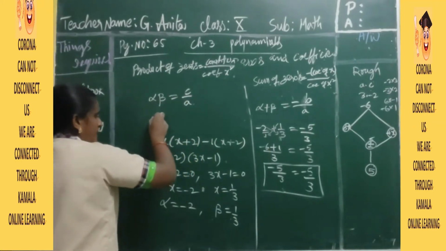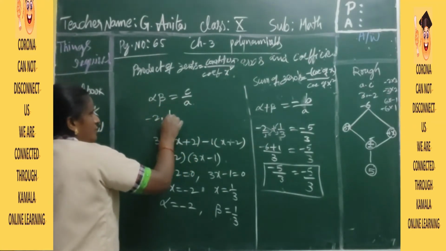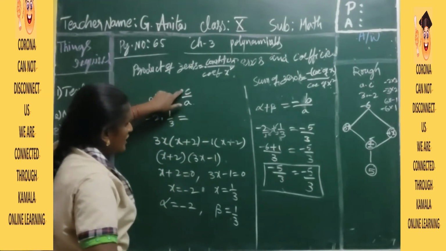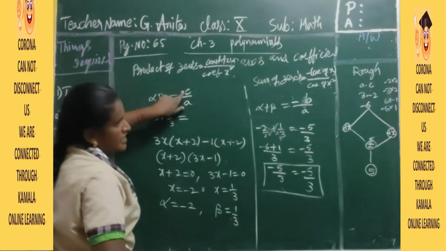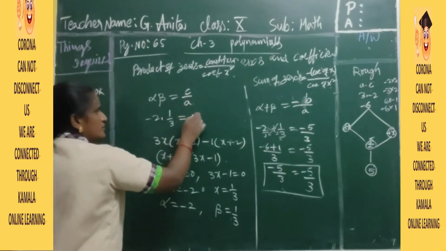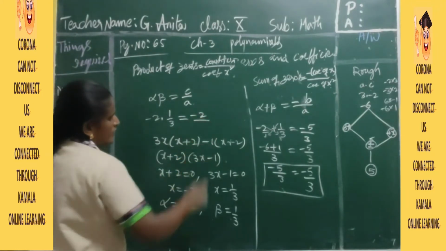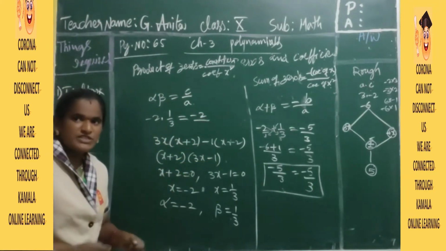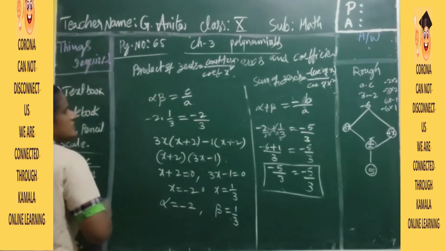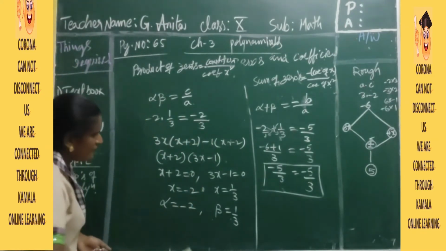So alpha into beta, minus 2 into 1 by 3, is equal to c by a. What is the c value from the equation? From the equation, c value is 2. So minus 2 by, what is the a value from the equation? A value is 3. Okay children? So here we have to observe.